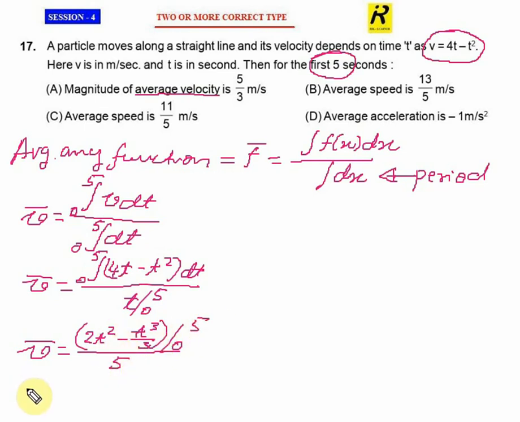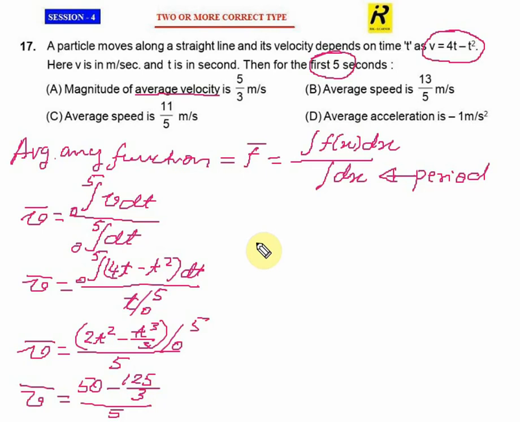Next, when I put in the upper limit, this is 2 into 25, which is 50, minus t³, which is 125 divided by 3, and the whole divided by 5.